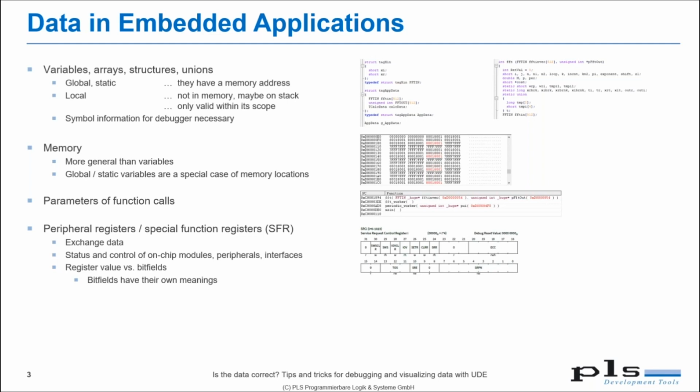Peripheral registers, or sometimes they are also called special function registers. These represent the status, or are used to control the functions of the peripheral modules, or are used to exchange data between, for example, the cores and the peripheral modules.